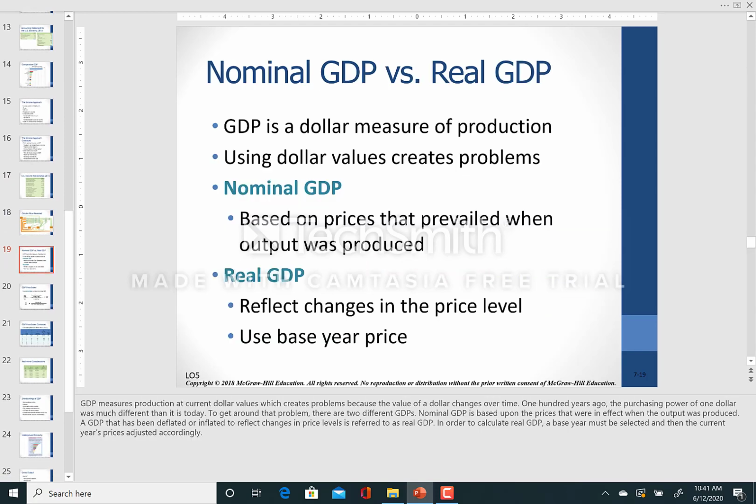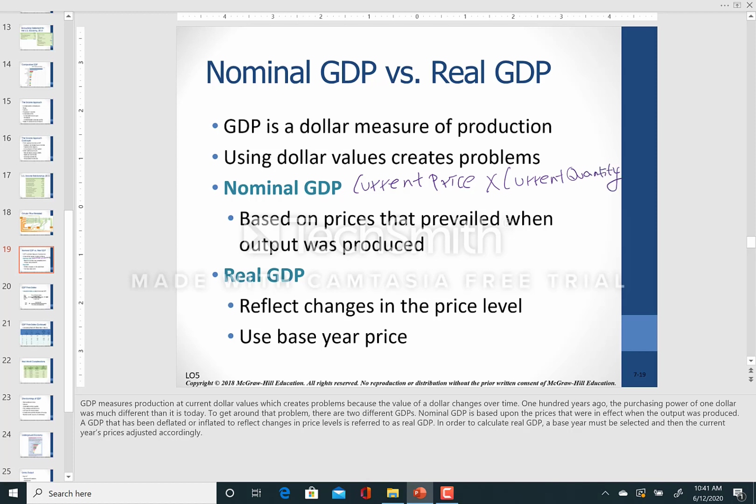Okay, nominal gross domestic product. The formula I'm going to use to calculate is this will be equal to current price, with that, I multiply the current quantity.